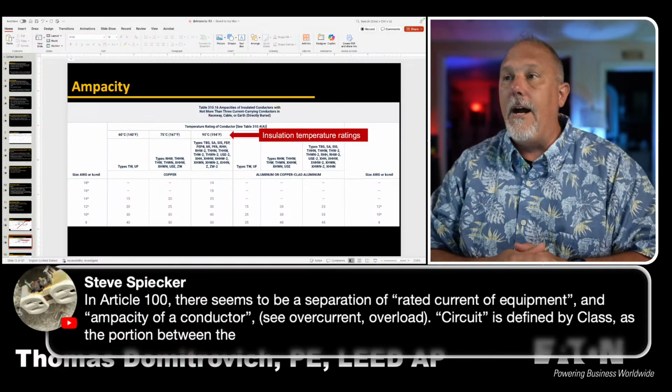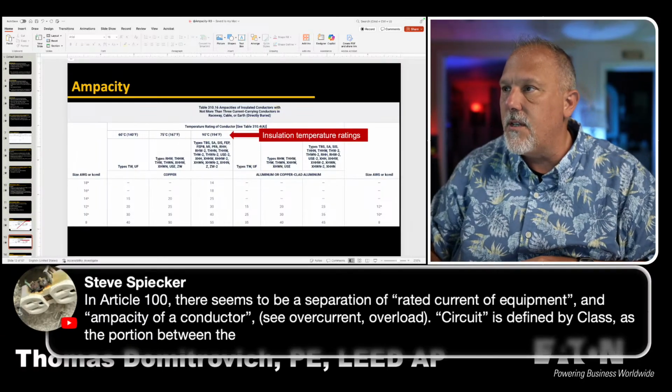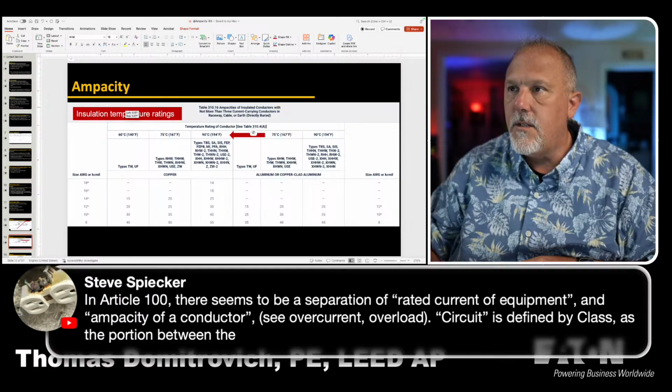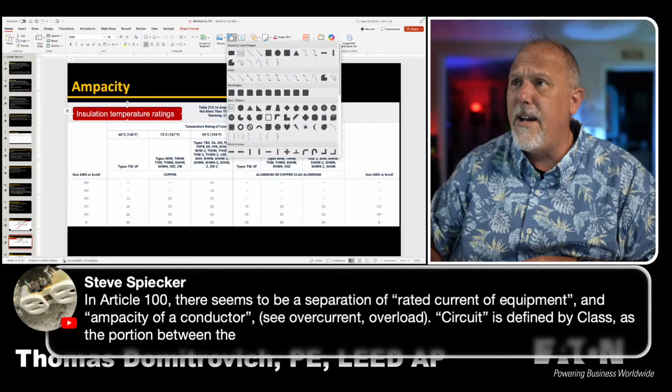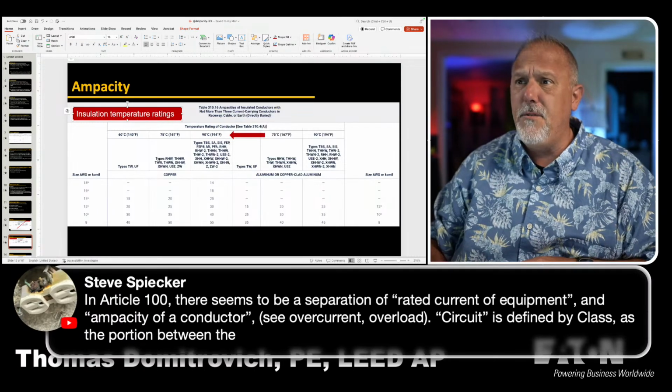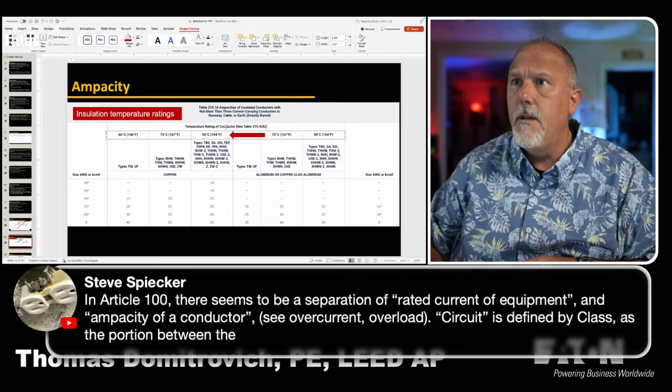Now, also, I have the temperature rating for the insulation. I'm going to move this, and do what I do, the voodoo that I do so well. All right, there we go.